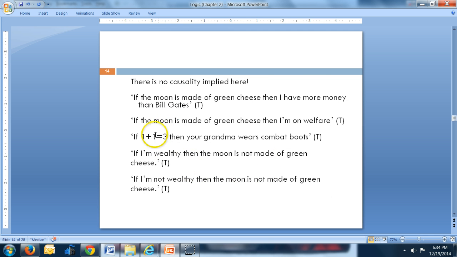Another example, if 1 plus 1 equals 3, which is a false statement, then your grandma wears combat boots. Well, that could be true, could be false, it doesn't matter. The implication started with a false hypothesis, so the complete answer for this is true.